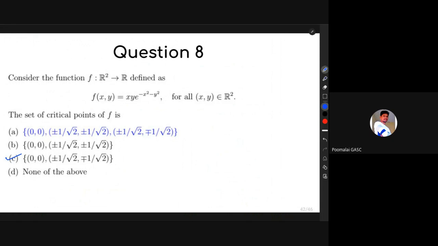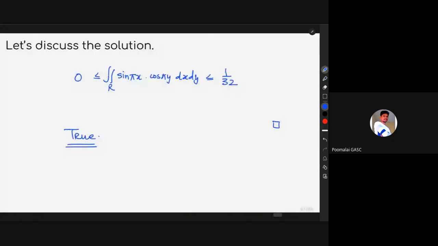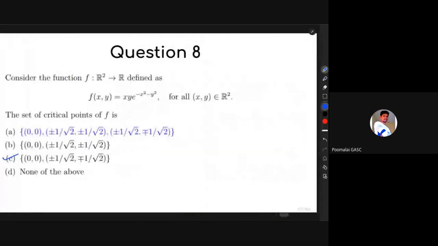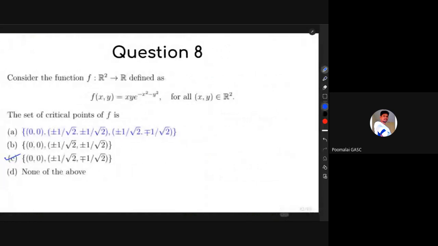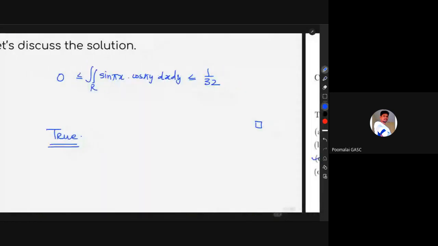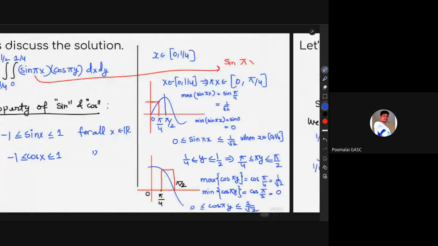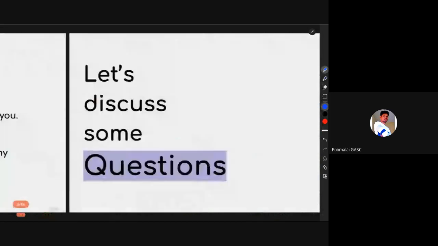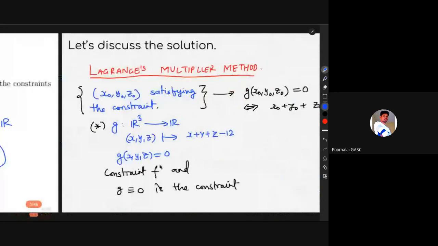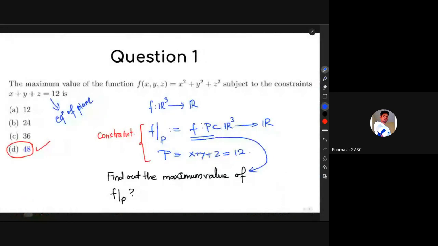Kindly show question 1 to 4. Okay, so question number 1 was this, where we need to use the Lagrange multiplier to find the maximum value of the function given some constraint.